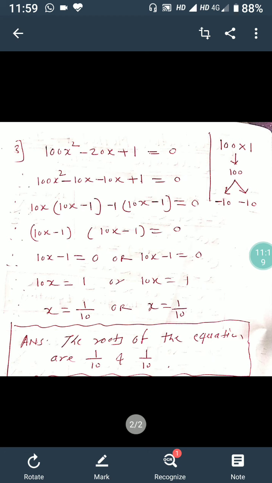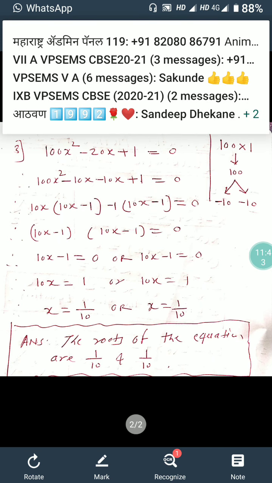So again here you can see two brackets came the same, 10x minus 1. So instead of the same bracket we have to write one bracket. The other bracket also came as common of the first bracket, then the sign before the second bracket, and common of the second bracket, 10x minus 1. So same as the previous example, we have got 10x minus 1, 10x minus 1 is equal to 0.